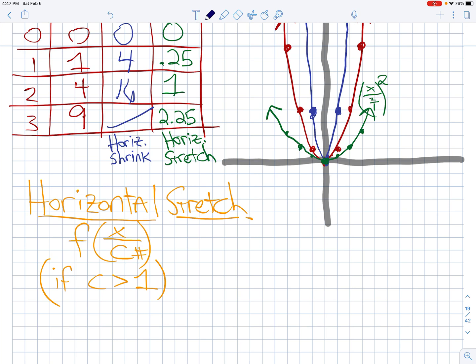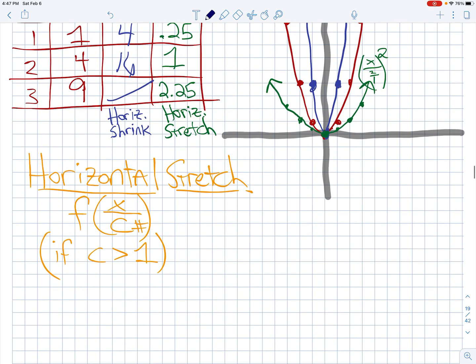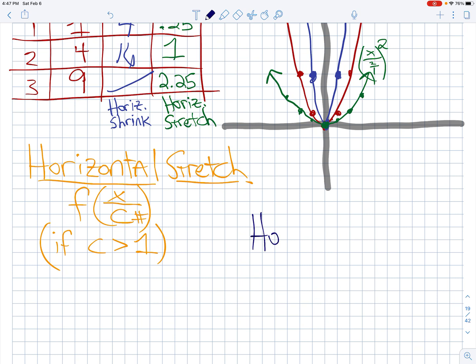You know how to identify a horizontal stretch or shrink compared to a vertical one; it's much like what we do with a horizontal shift and a vertical shift, if the number is in with the x.